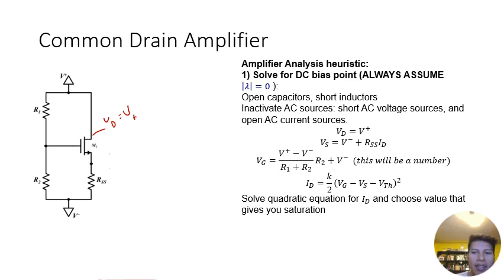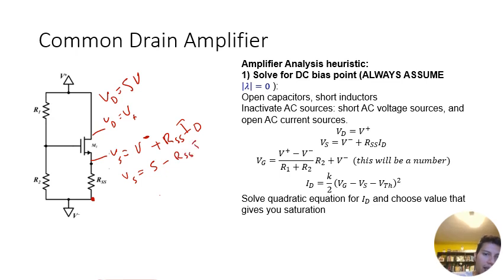And in this particular case, we said that V plus was equal to 5 volts. So we're going to get that VD equals 5 volts. And then we're going to have that Vs equals V minus, which is negative 5 volts, plus RSS times ID. So we have that Vs equals negative 5 plus RSS ID.